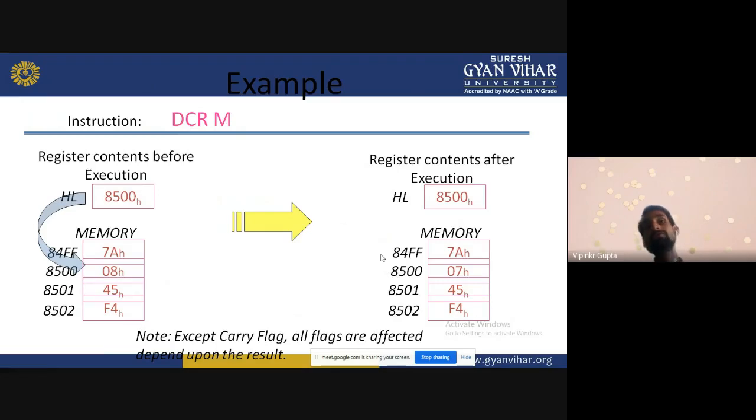That is the meaning of DCR M. Except the carry flag, all flags are affected depending upon the result. So for increment and decrement, all flag values are affected except the carry flag. That is the important thing.